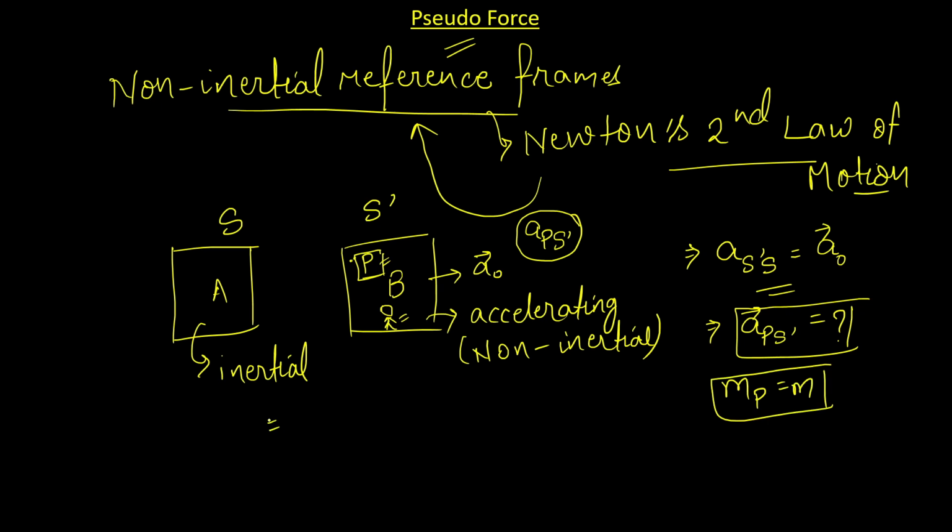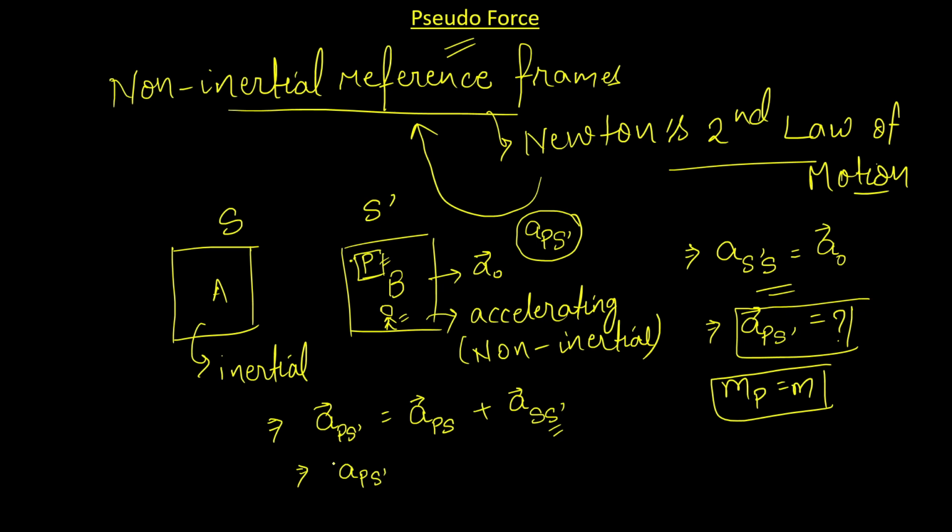So from the relative velocity concept we already know that acceleration of P with respect to S dash is equal to acceleration of P with respect to S, that is the inertial frame, plus acceleration of S with respect to S dash. That is the thing. Now here, since we know the acceleration of S dash with respect to S, let us put a negative sign over here like this.